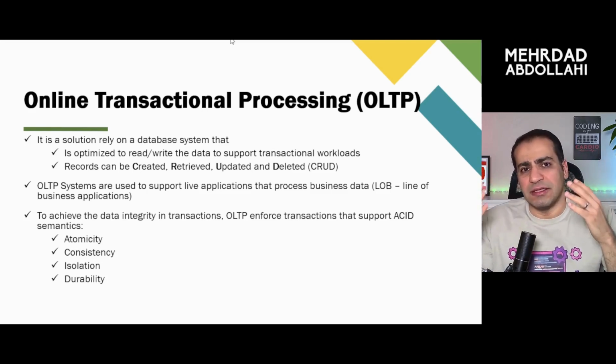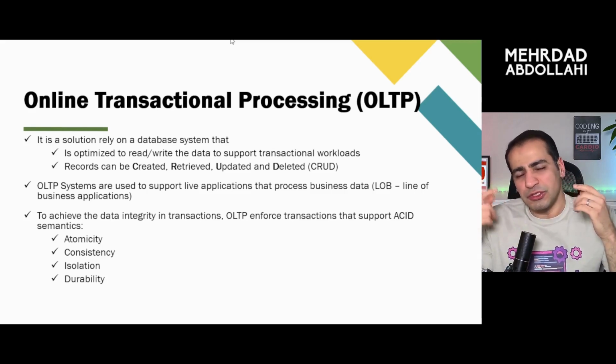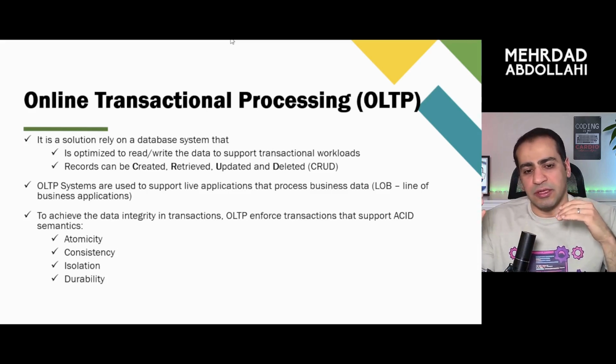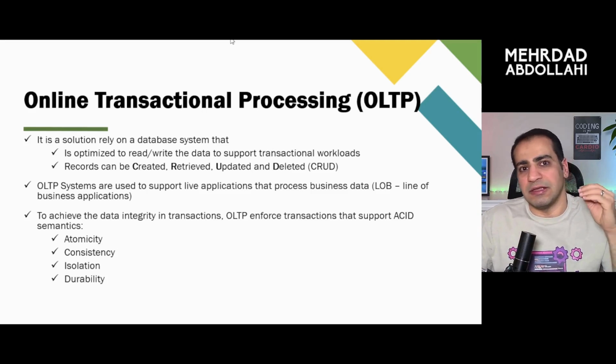What is ACID? Each letter stands for a concept: A for atomicity, C for consistency, I for isolation, and D for durability. Let's uncover what ACID is.